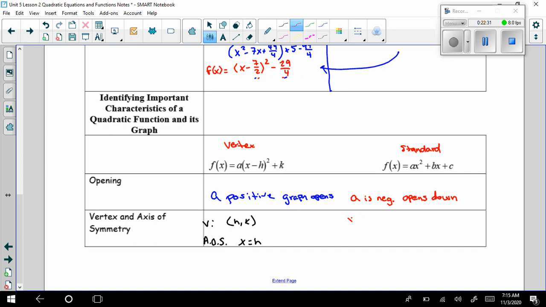The vertex, the X value, X is negative B over 2A, and then you have to plug in to find Y. Axis of symmetry, again, that negative B over 2A, sorry, it's not a point, it's just your X equals negative B over 2A. So whatever you get for that answer is also your axis of symmetry.